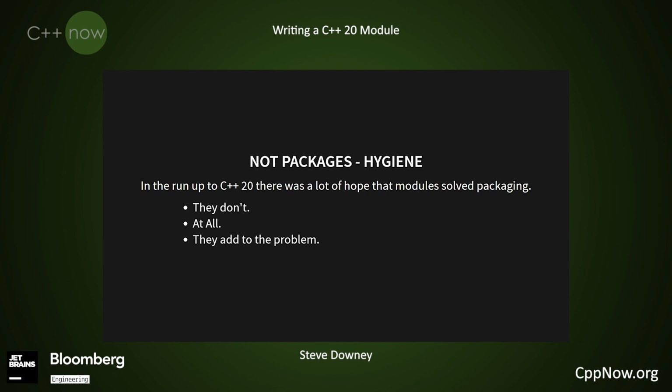One of the big problems is you're going to need to deliver source for interfaces that consumers are going to compile. There's no good solution for delivering binary module interfaces, except in extremely tightly controlled circumstances.